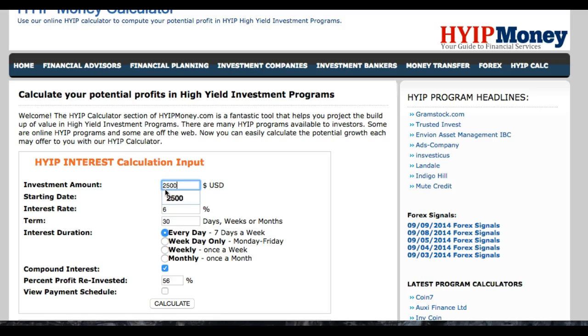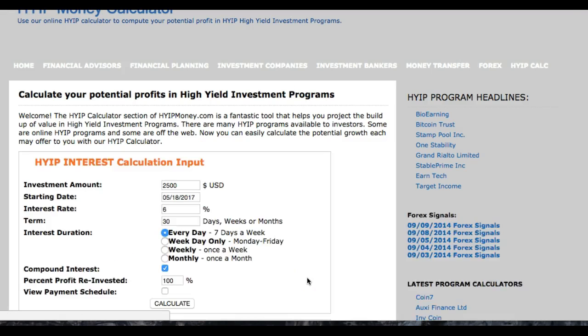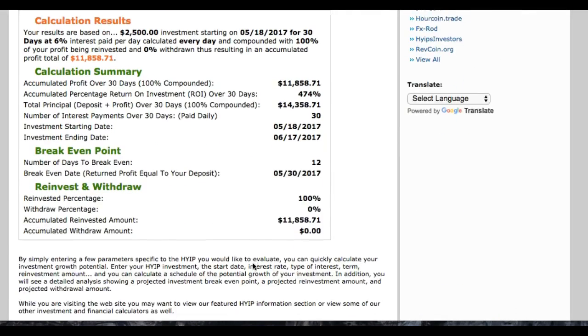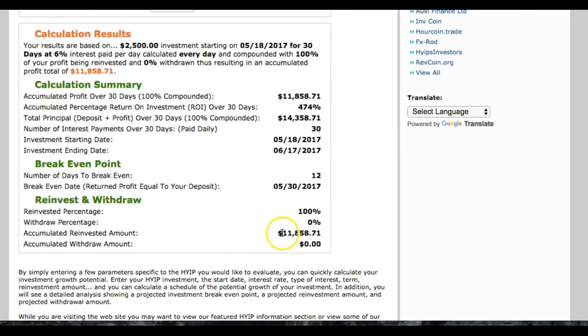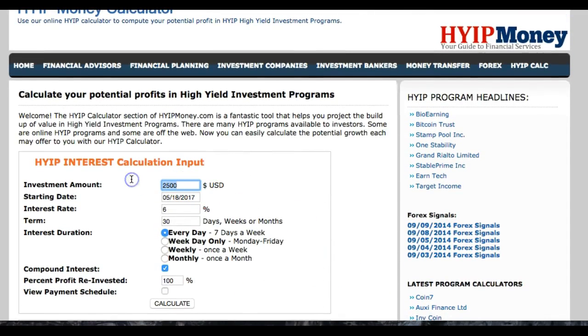If we started with 2,500, compounding it every day for 30 days, reinvesting 100%, we calculate that 2,500 is going to turn into 11,858. And then if we reinvested all of that one more month, and most people when they invest, they invest long term.